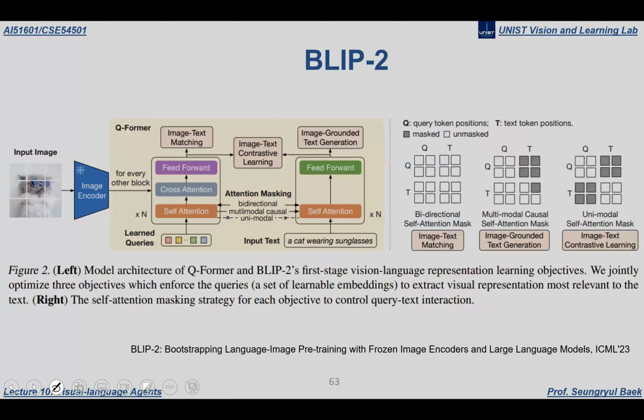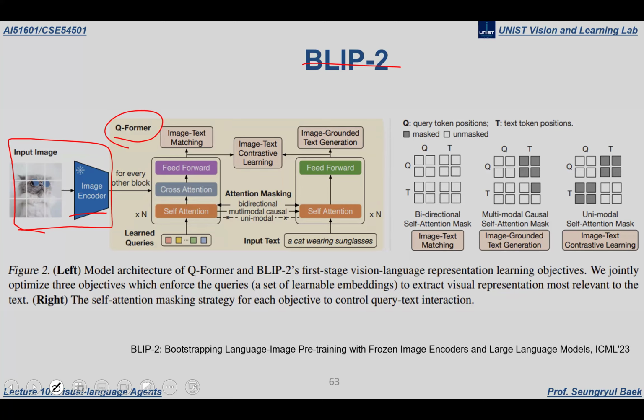And this is explaining more about the first stage training of BLIP version 2, the Q-Former training. This is the vision signal part. They are using the frozen image encoder to extract some initial features from the images.